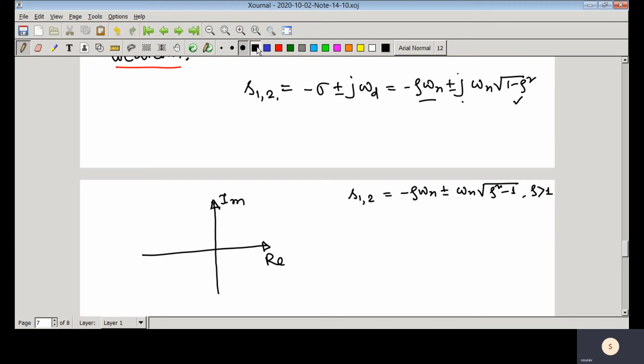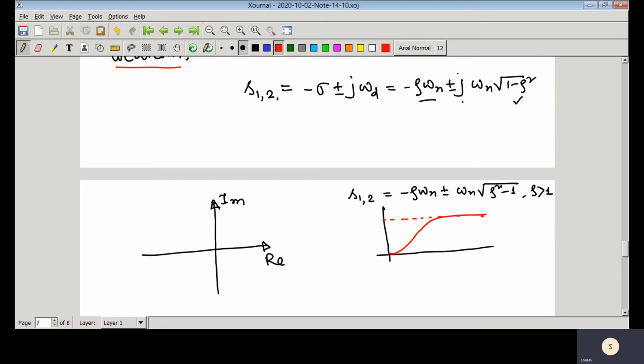So in case of overdamped, what happens? The time response is like this.